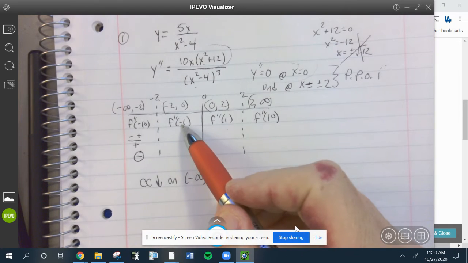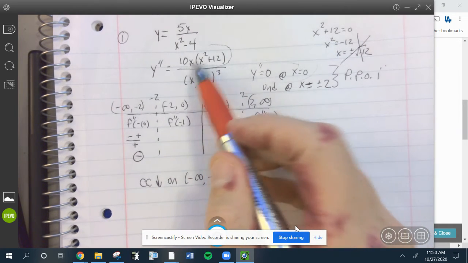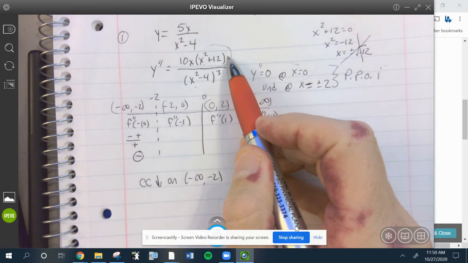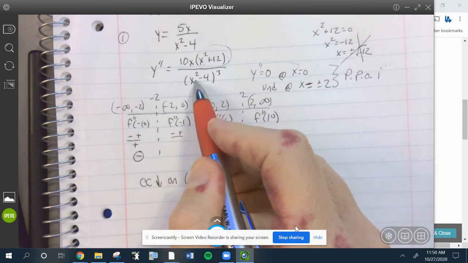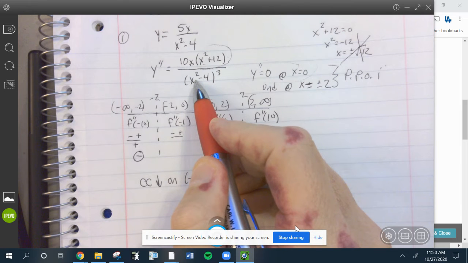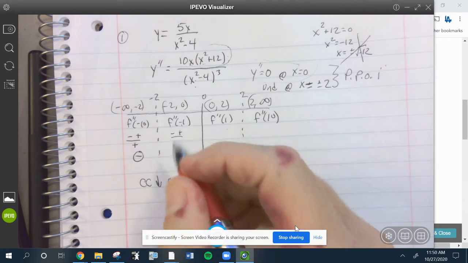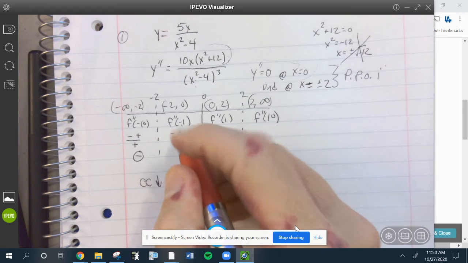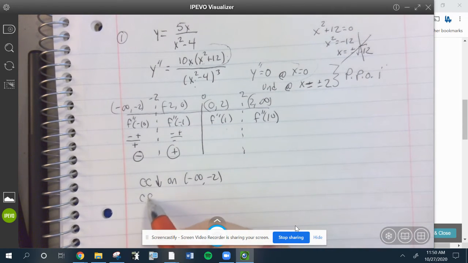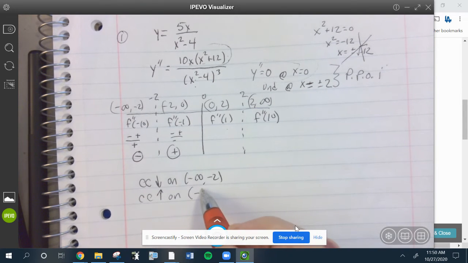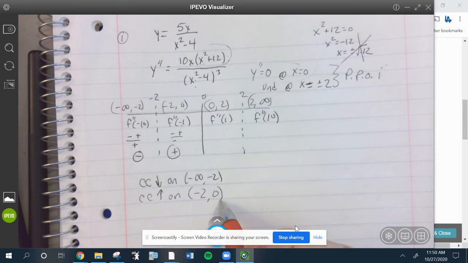When you plug in negative 1, you're going to have a negative times a positive. Now, negative 1 squared minus 4 is negative. Negative cubed is negative. So that's all over a negative, which is a negative over a negative, which is positive. So I can say we're concave up on negative 2 to 0.